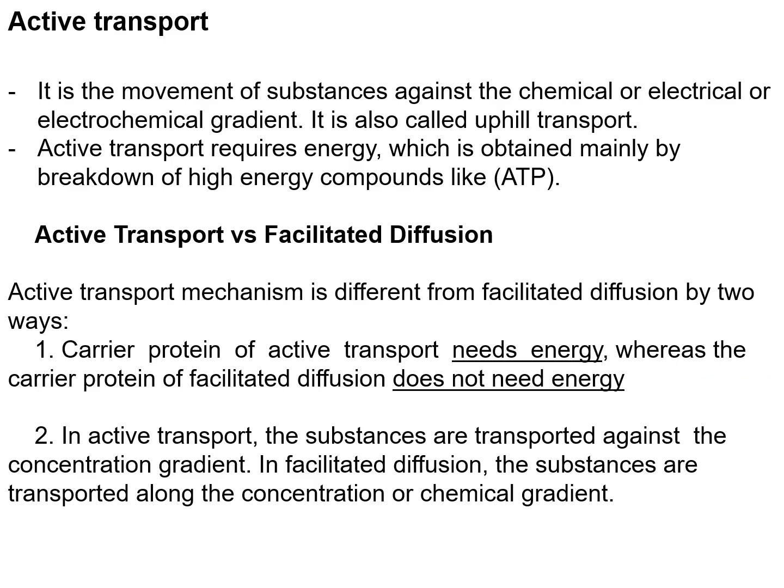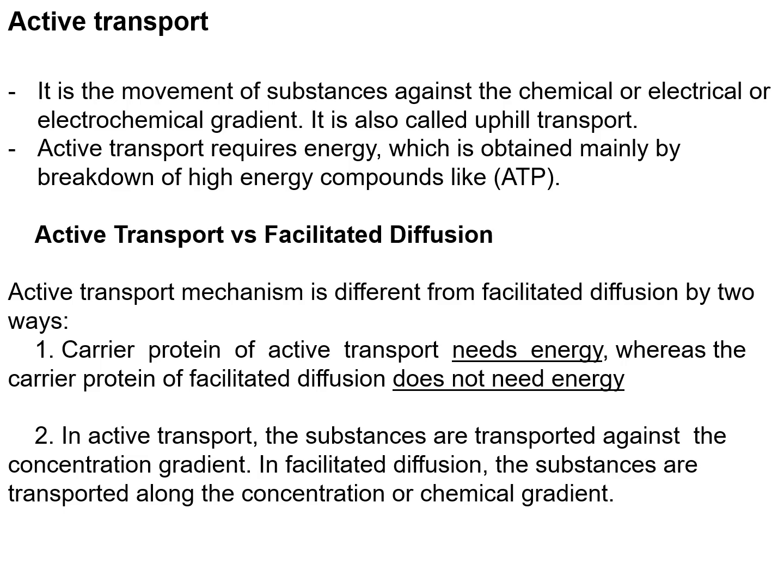Active transport is the process of movement of molecules against the concentration gradient, so from the area of low concentration to the area of high concentration, which is the uphill transport. This process requires adenosine triphosphate, ATP, in the form of high energy phosphate bonds.